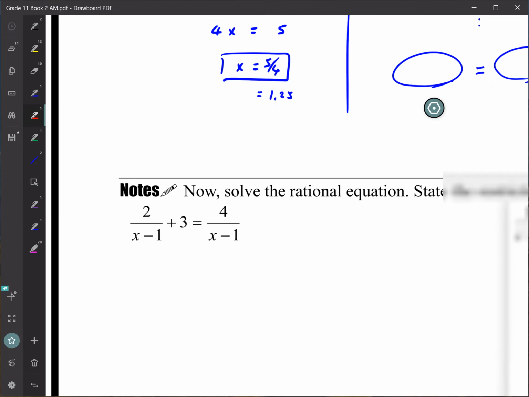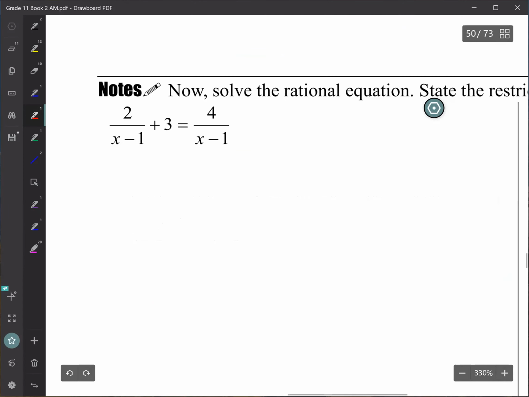Okay, so for this one, the denominator, we have x, and then 3 is the same as 3 over 1, and then x minus 1, right? So the common denominator is only x minus 1. So to make the rational equation look like the regular one means we don't need any denominator, right?